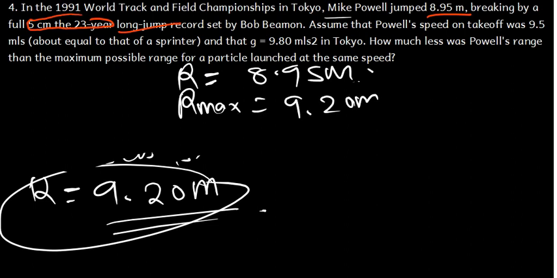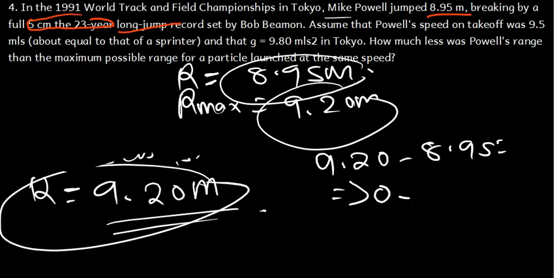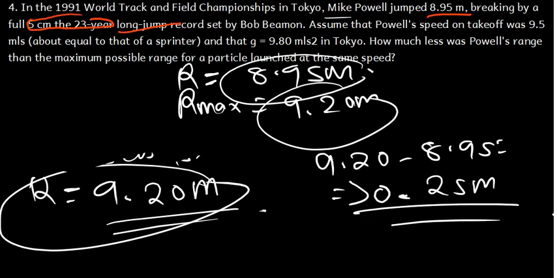For us to find how much less it was, we need to say this minus the range which Mikhail had. So we need to say 9.20 minus 8.95. So we are getting 0.25. So how much less it was is going to be 0.25 meters. As simple as that. So that is it for question 4.